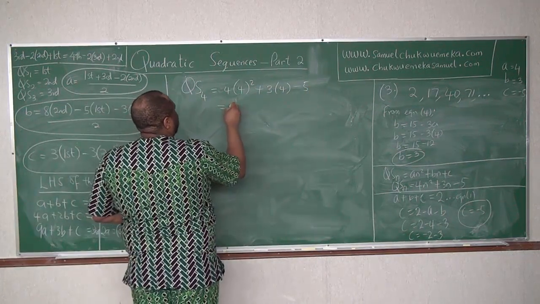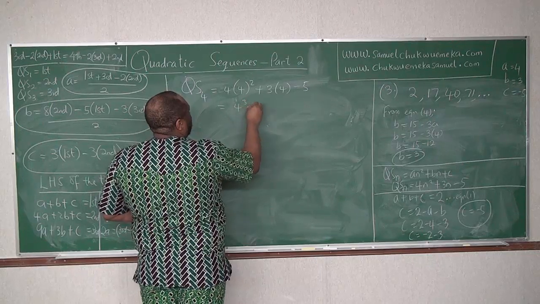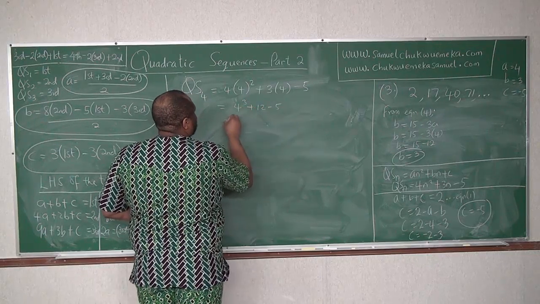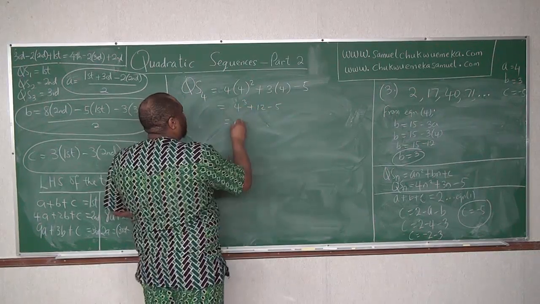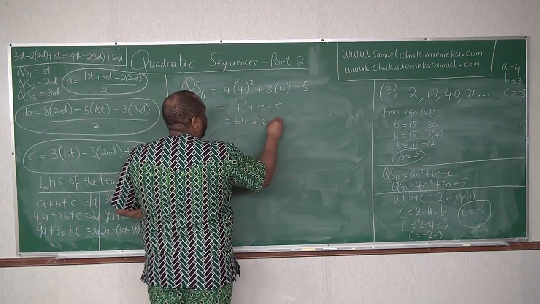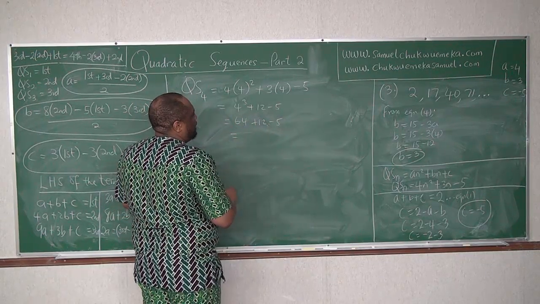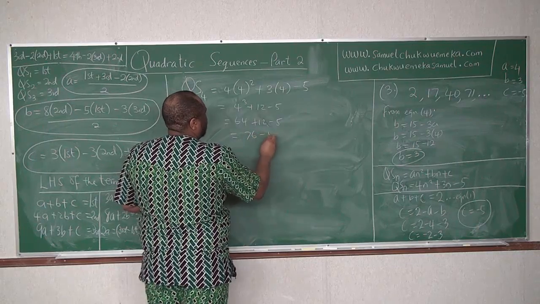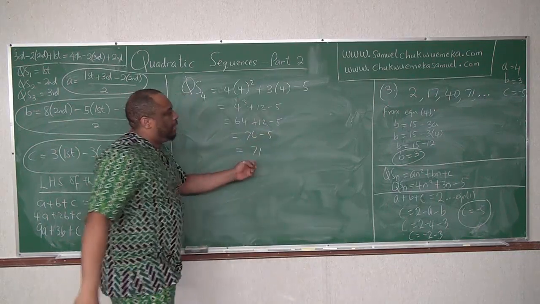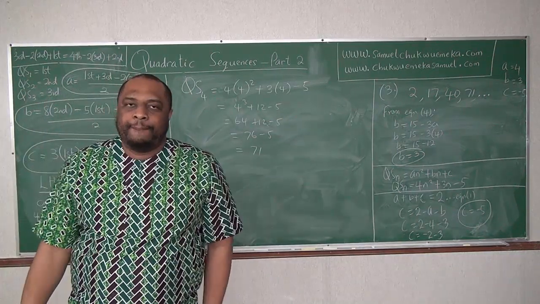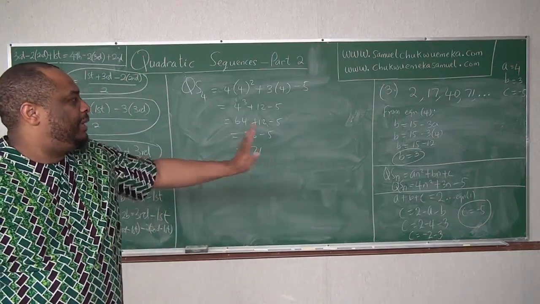So this gives us 4 cubed, which is 64, plus 12 minus 5. 64 plus 12 minus 5, and that is 76 minus 5, which is 71. Okay, we know that is correct.